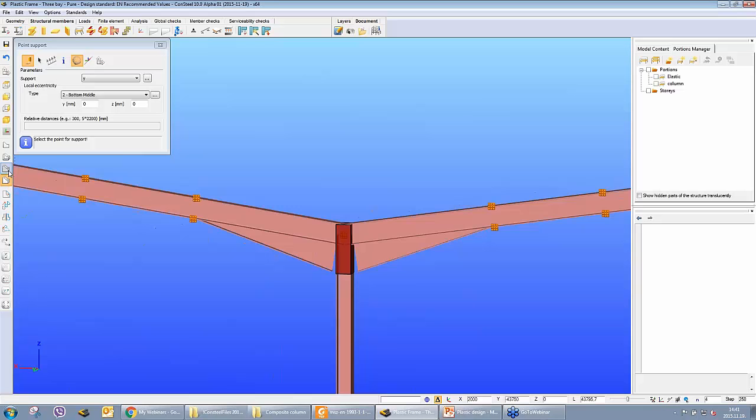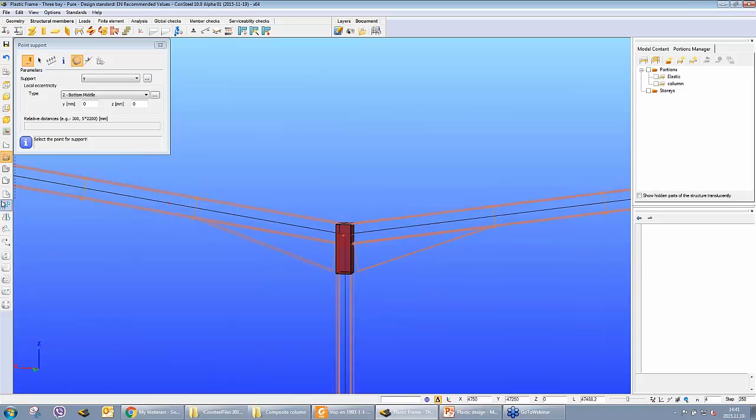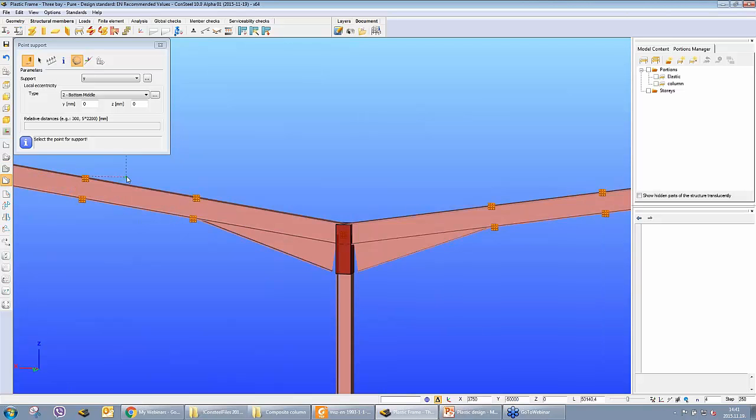Okay, so we now solve the uniform segment, and we have to put somewhere here a tension flange restraint to the top flange.